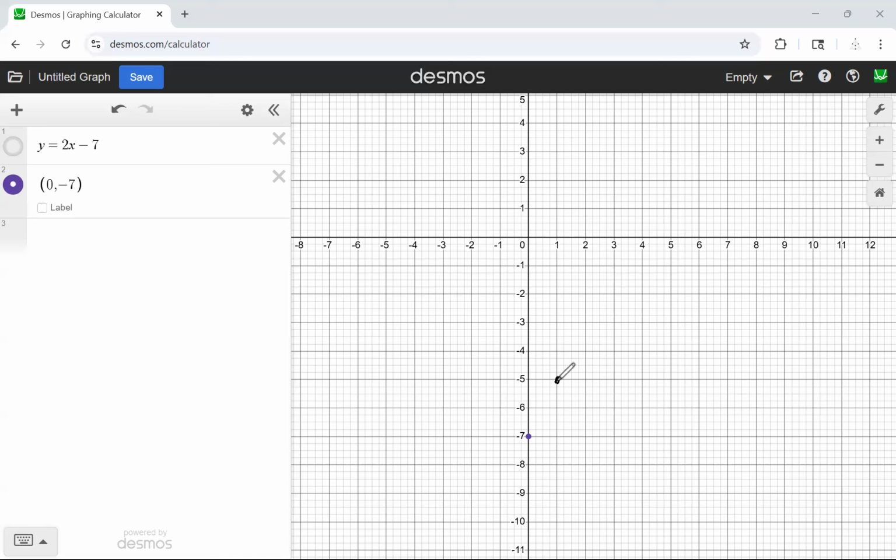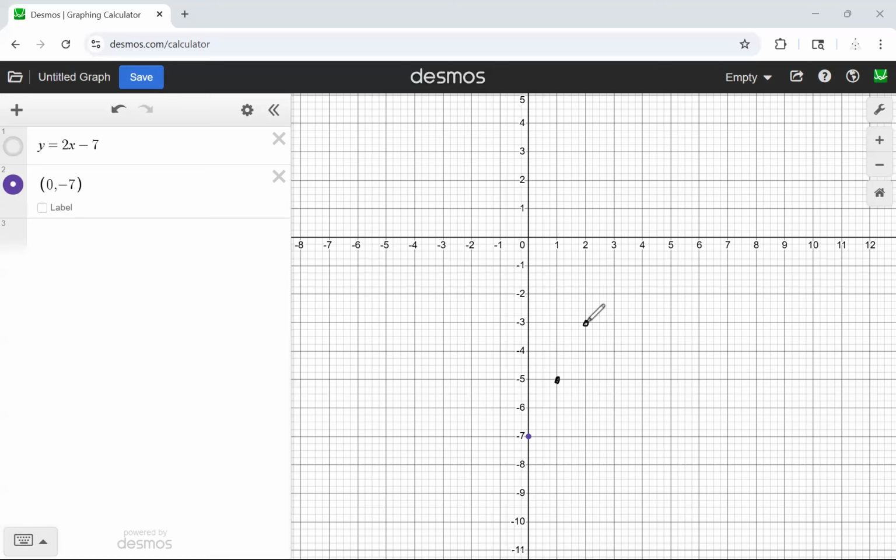So I know my graph should also go through the point 1, -5. Now I can be at 1, -5 and also go up 2 over 1. So another point on this graph should be 2, -3.